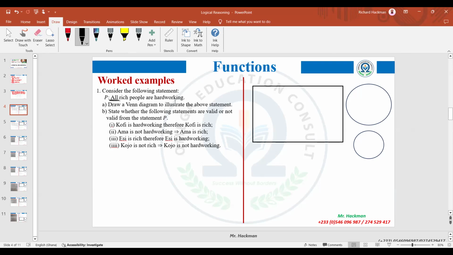No, I'm not talking about the names. In this statement, how many sets, or how many categories of people, can you distinguish from the statement that you have there? Two. Which will be? Rich and hardworking. Very good.